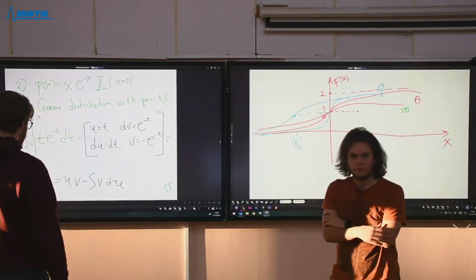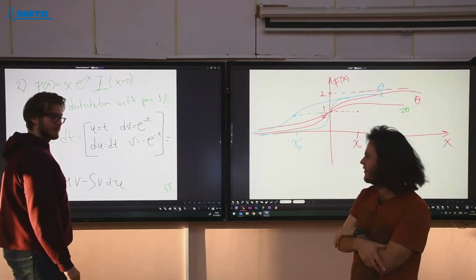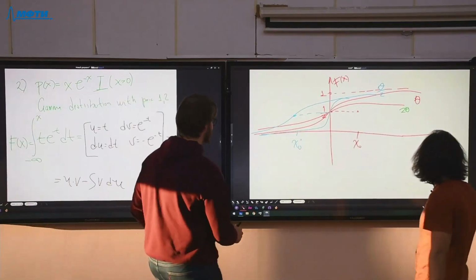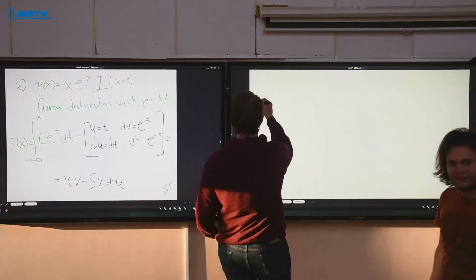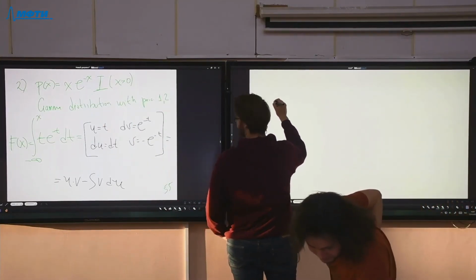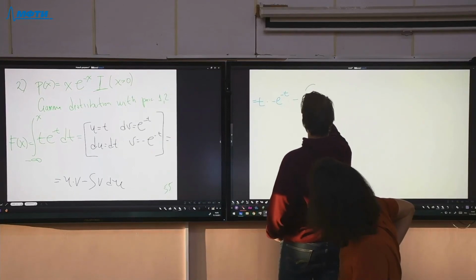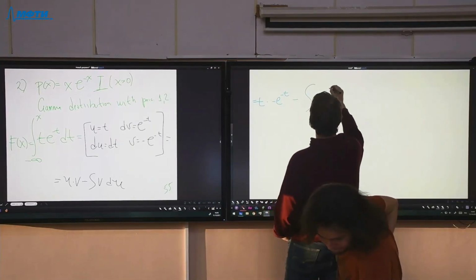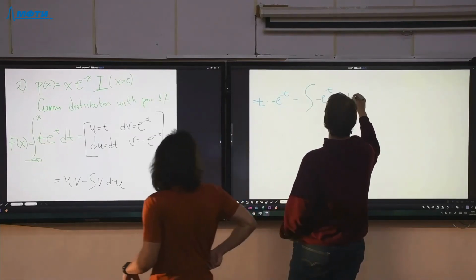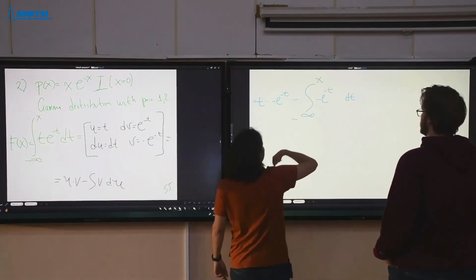So if you have u, it follows that t multiplied by minus e to the power of minus t, minus the integral of minus e to the minus t, with du equal to dt. Don't forget, we have minus infinity here and x here.